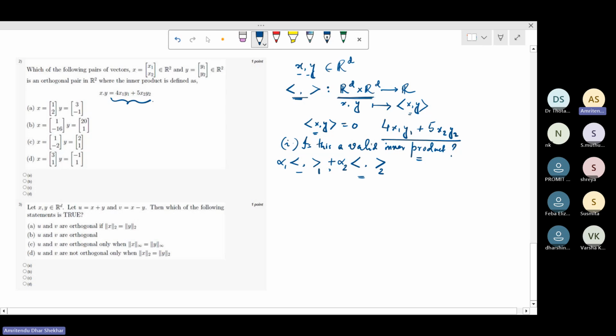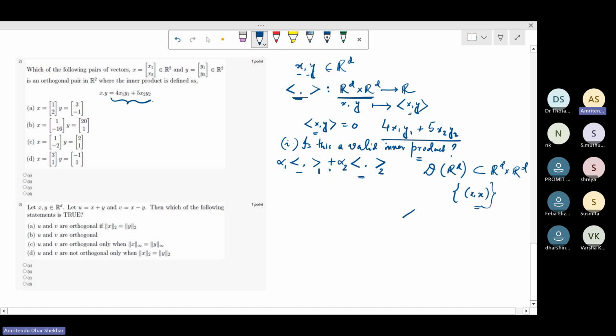By diagonal, I mean the diagonal of R^D is a subset of R^D cross R^D, basically all the points of the form (x, x).